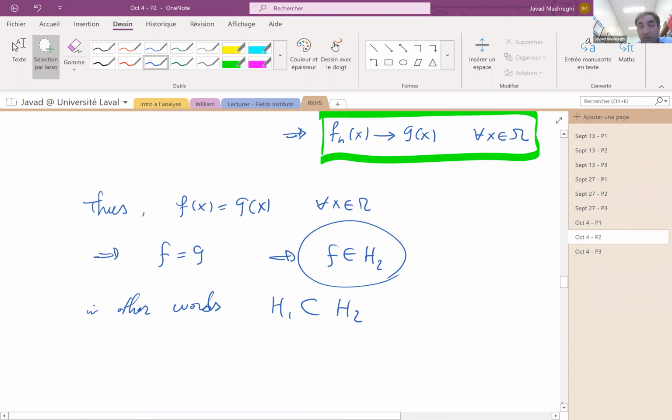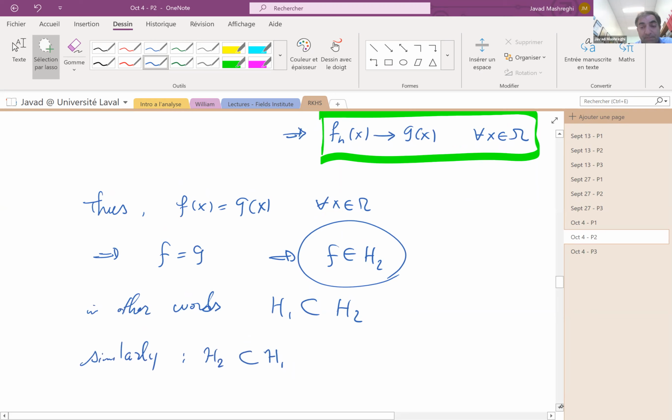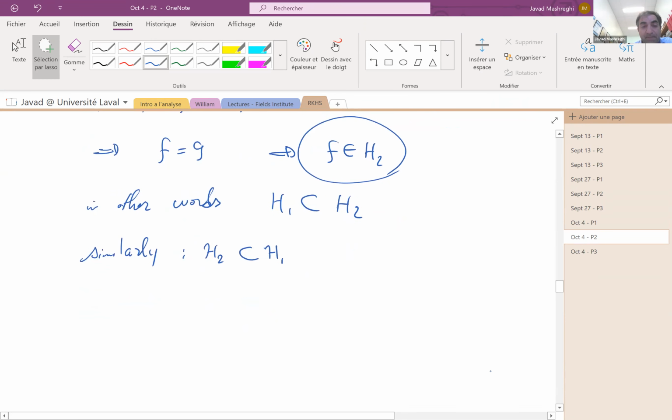Now change the roles of H1 and H2. Similarly, H2 is a subset of H1. Therefore, in short, H1 is the same set as H2.